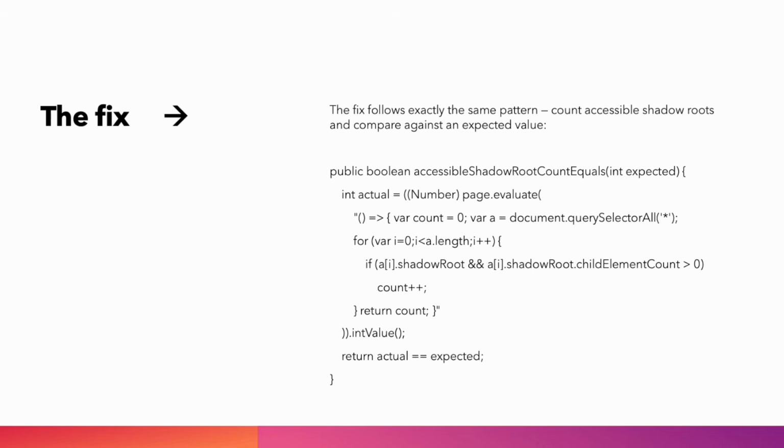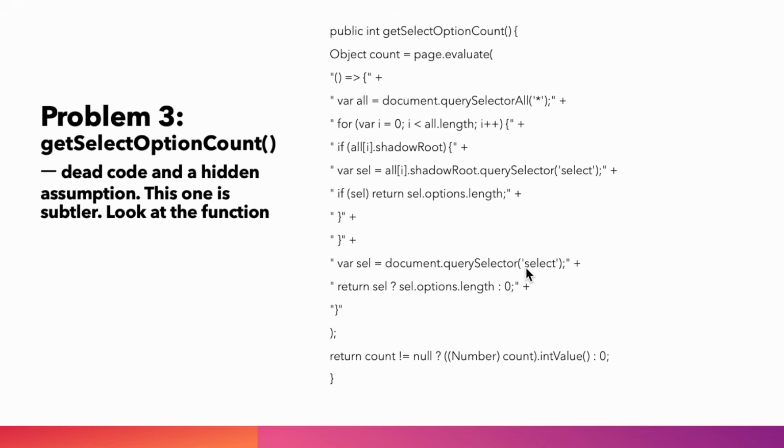So problem 3 that I picked up on, getSelectOptionCount. So this has dead code and a hidden assumption. This one is more subtle. If we look at this function, there are 2 variables called cell, 2 select declarations.